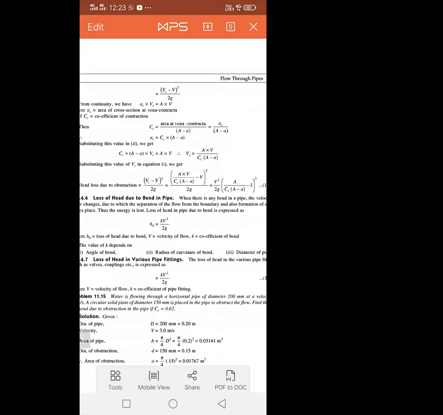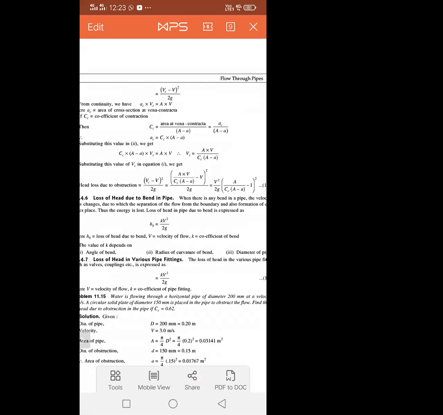Okay, HB is equal to kV square upon 2G. Generally, in your problem, the value of K, coefficient of bending, is directly given, and you have to calculate bending loss, which is kV square upon 2G.